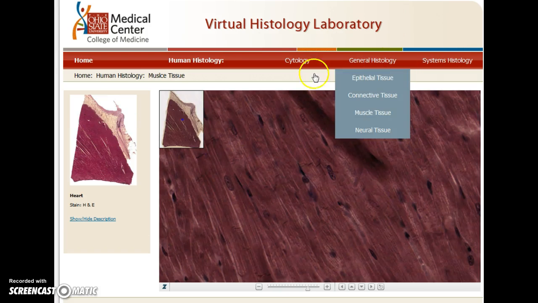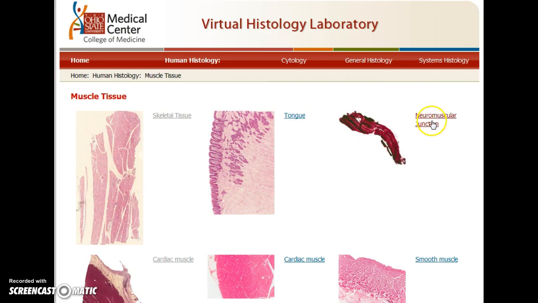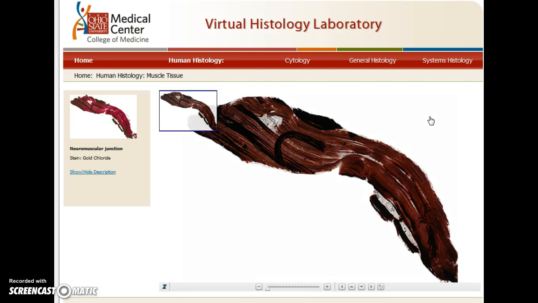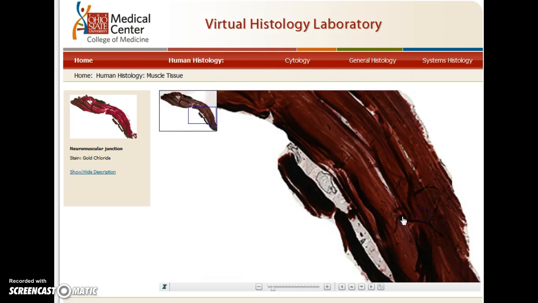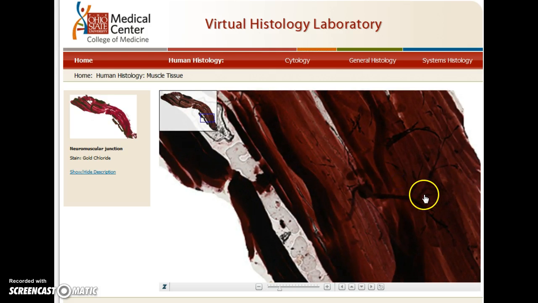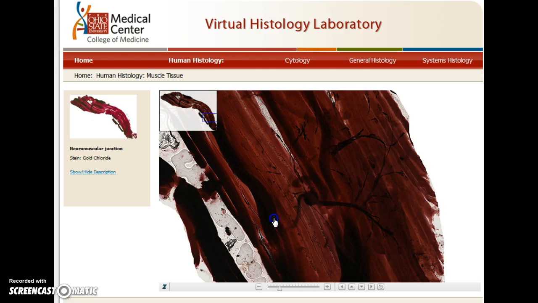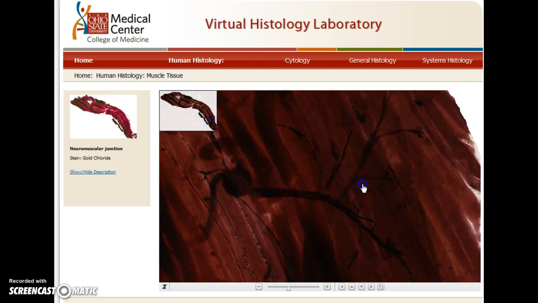To look at the neuromuscular junction, here we go. All right, right here. So this is a sample of skeletal muscle, and we're going to look at a neuromuscular junction. And so here is the skeletal muscle fiber part of it, and then this kind of branching part here is the neuron part of it. So remember that we have 2 types of cells making up this neuromuscular junction.